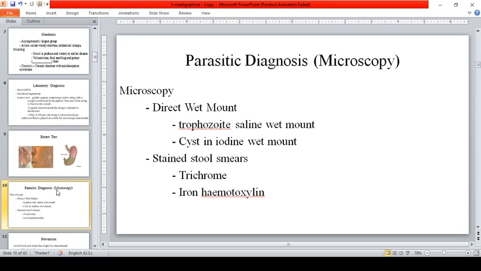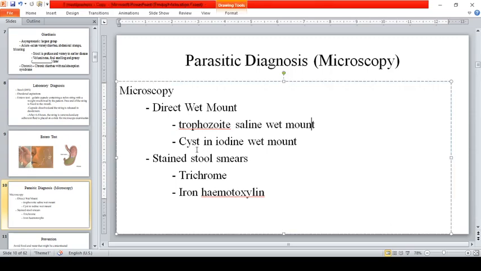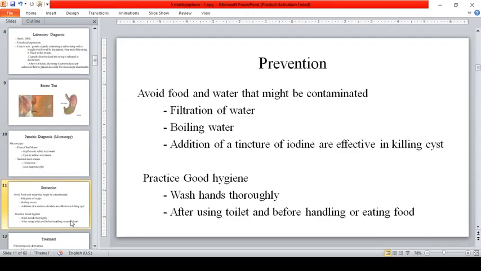But if you want to observe the morphology of the cyst, you do the iodine wet mount, para mas maging clear yung kanyang morphology. So, for stained stool smears, you can use trichrome and iron hematoxylin.